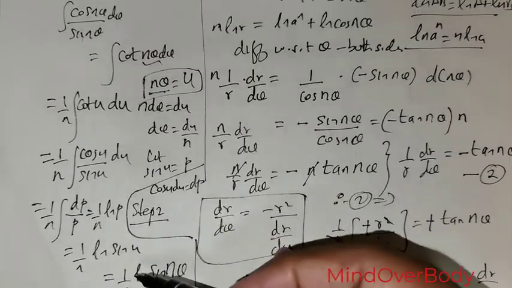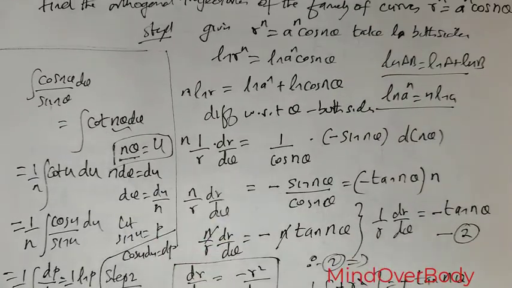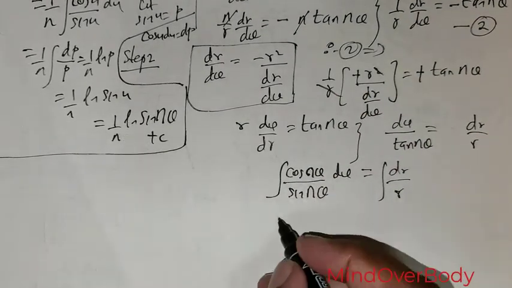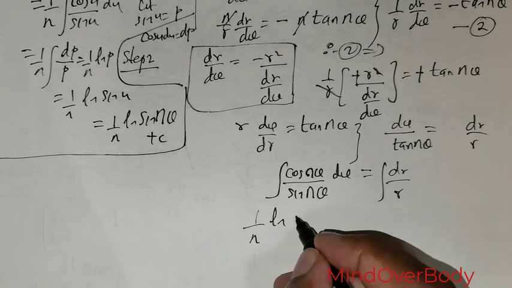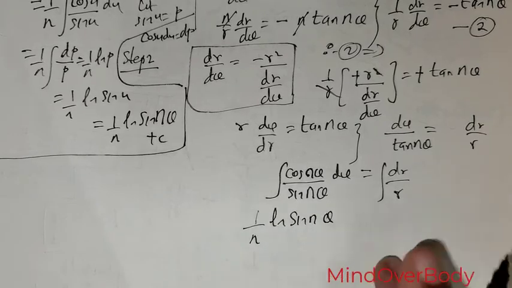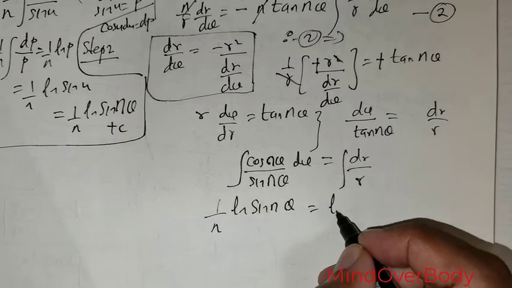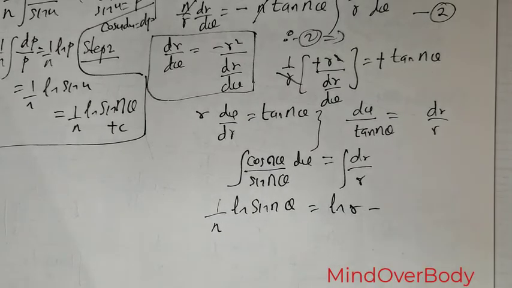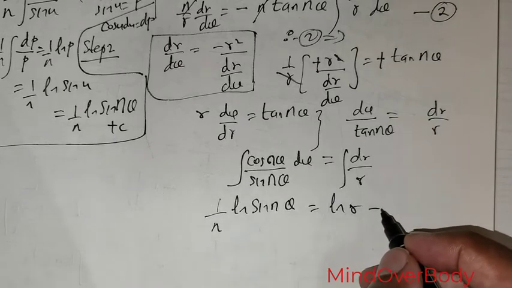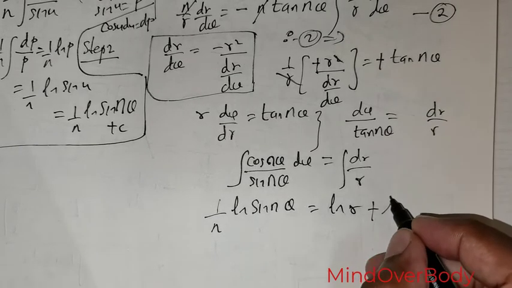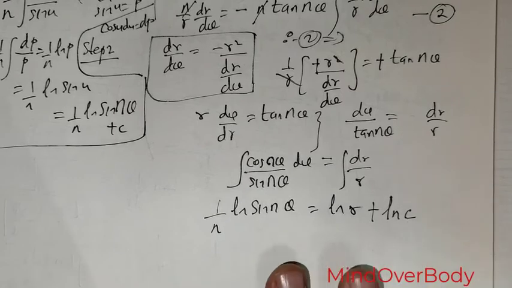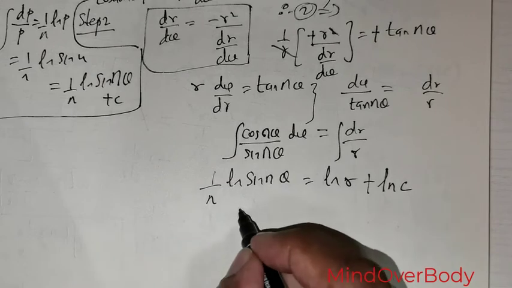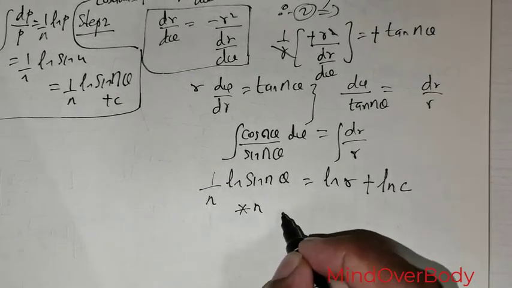So all of this I did just to give you an air of understanding. So I can directly substitute this particular output here. So this is going to be 1 over n ln of sin n theta. This is going to give me ln r. Of course, there is an arbitrary constant which I will have to place in. I will write the arbitrary constant as some ln c. Now I want to get rid of this n, so I will have to multiply every quantity by n.